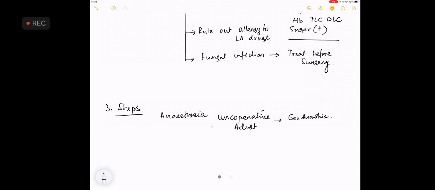If the patient is cooperative, we go for infiltration, cord block, local anesthesia.